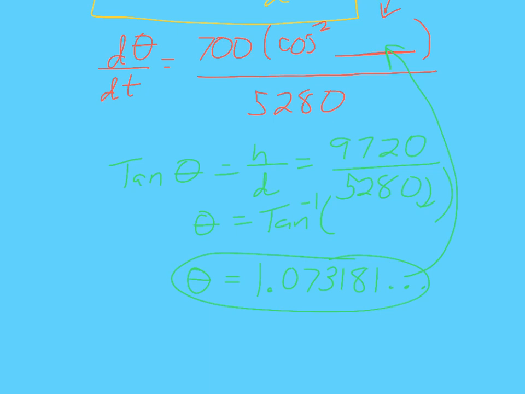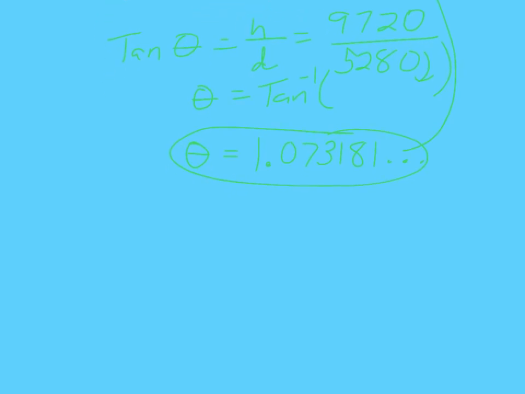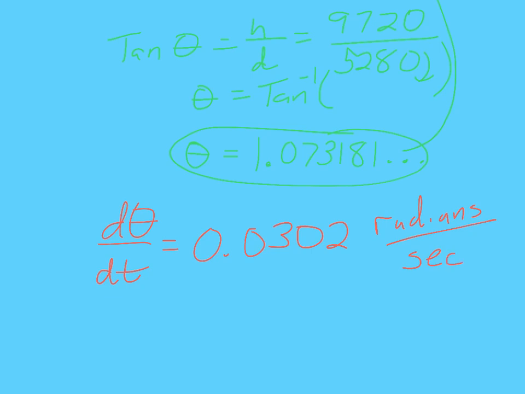We want to square all of that. And we're going to divide that by 5,280. And when we're all done, d theta dt is 0.0302. There's 4 decimal places. 0.0302 radians per second. Okay.